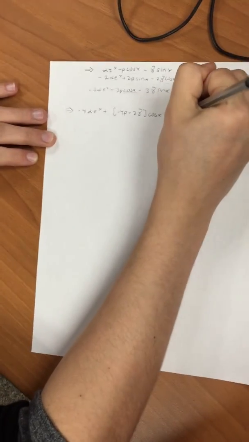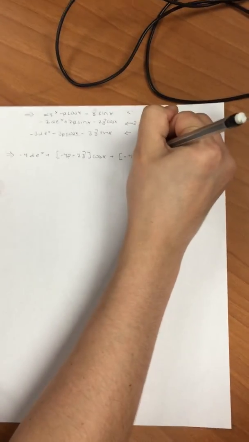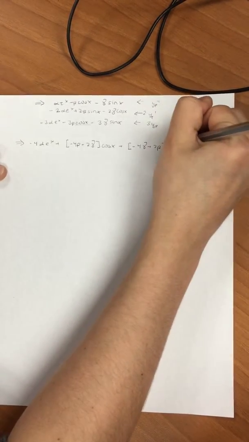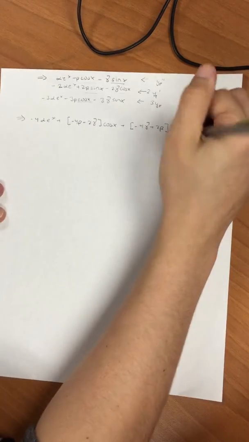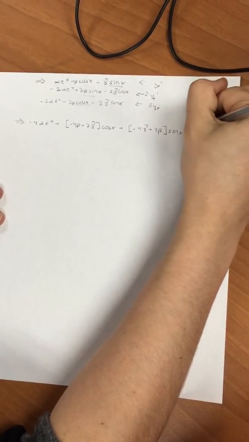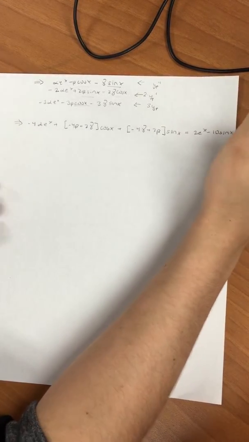And then we have plus negative 4 gamma plus 2 beta sine of x from our 2 sine of x here. This is all equal to our right hand side, which was 2e to the x minus 10 sine of x.